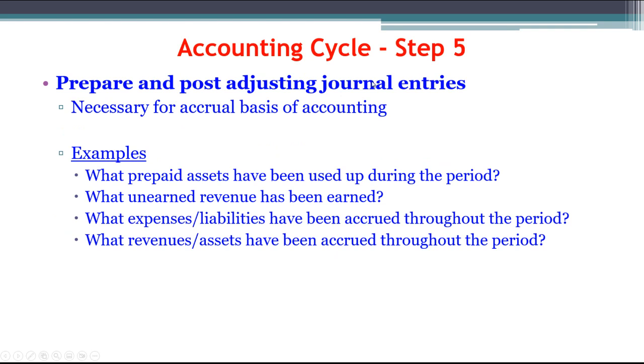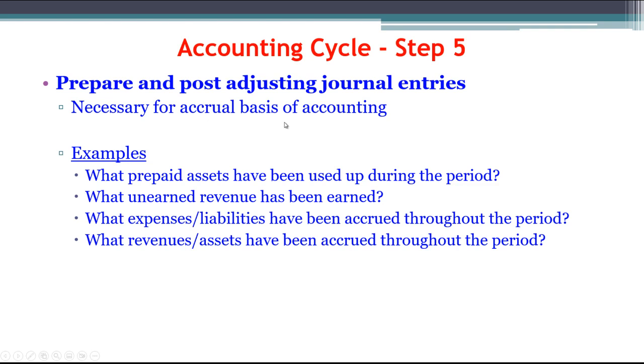Step 5, we are preparing and posting adjusting journal entries. Now this, again, when we see it later on, right now we're just running through the steps with a second level of detail. But the adjusting journal entries are needed for the accrual basis of accounting.